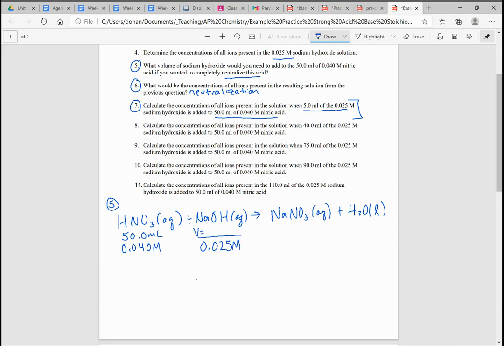Okay, so neutralization means you're going to run out of both the acid and the base at the same time. So neutralization is when stoichiometrically you figure out exactly how much base do I need to react with this much acid so they both run out at the same time. So let's calculate the stoichiometry amounts.